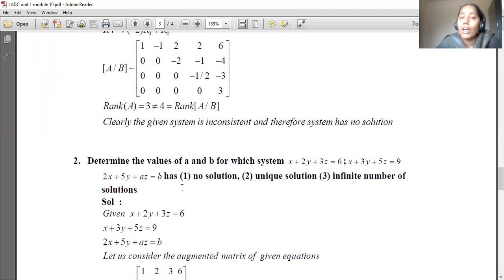For what values of a and b? Now we discuss all these points, which we will continue in the next video.